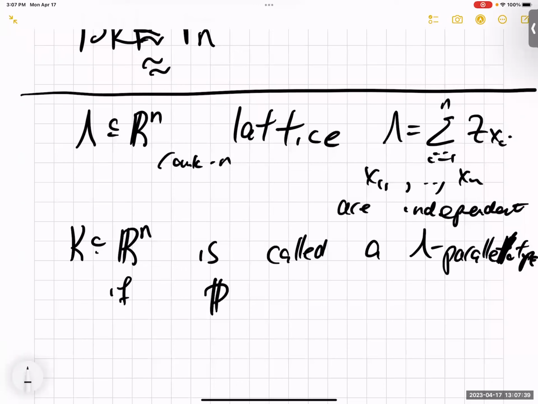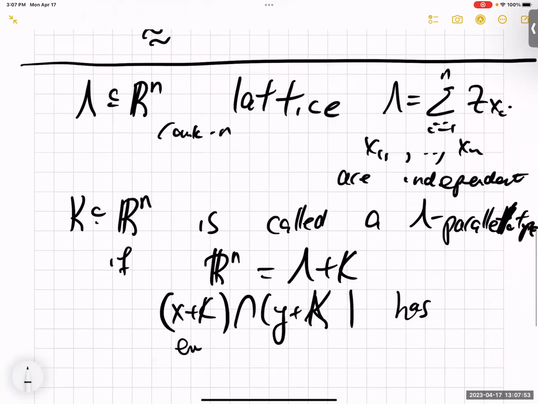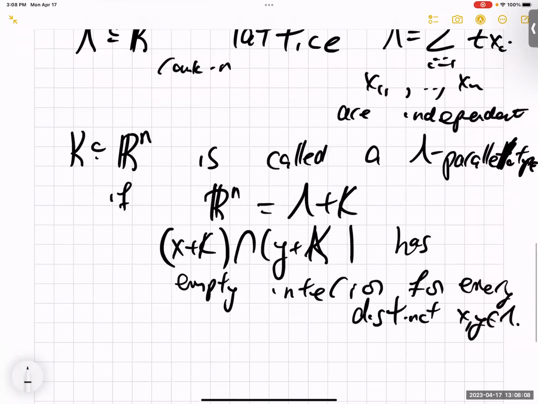So R^n is Lambda plus K, and again x plus K intersected with y plus K has empty interior, for distinct x and y in Lambda. That's the standard terminology.